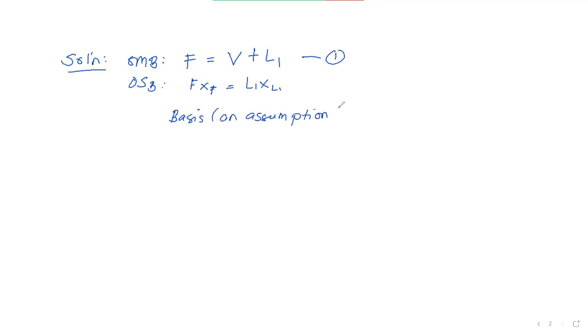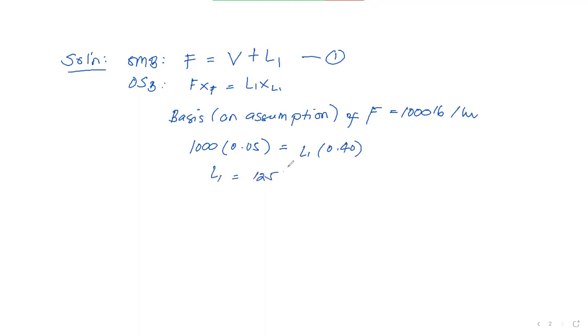So a basis of F equal to 1,000 pounds per hour. So we have 1,000 times the solid content of the feed, which is 5%, and you have L1 and its solid content, which is 40%. Here, you get L1 to be 125 pounds. This is on the basis of an hour of operation.